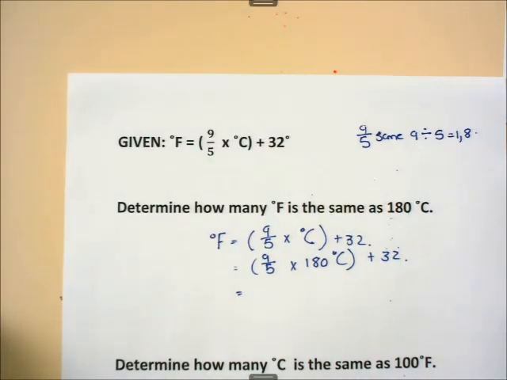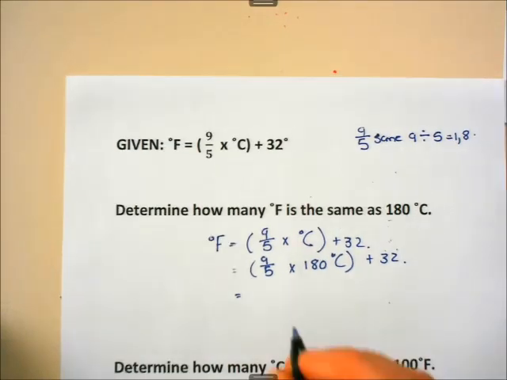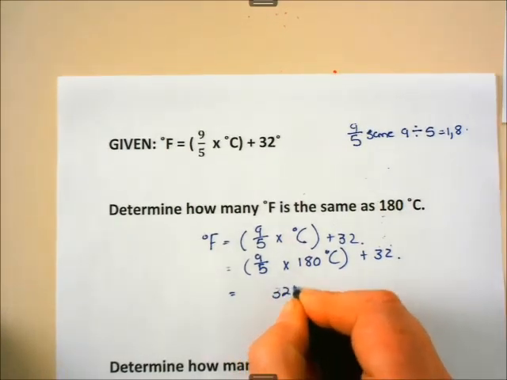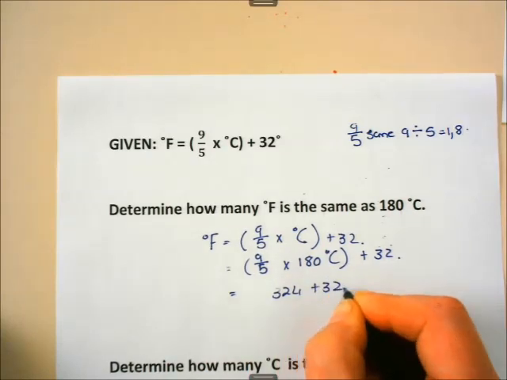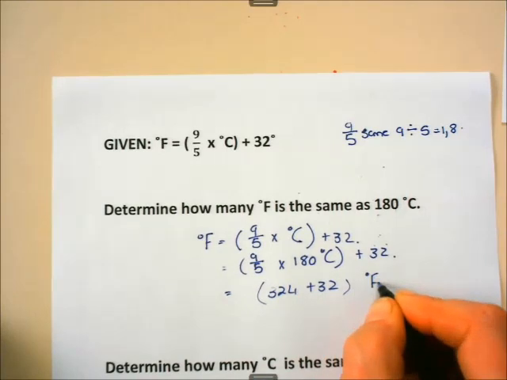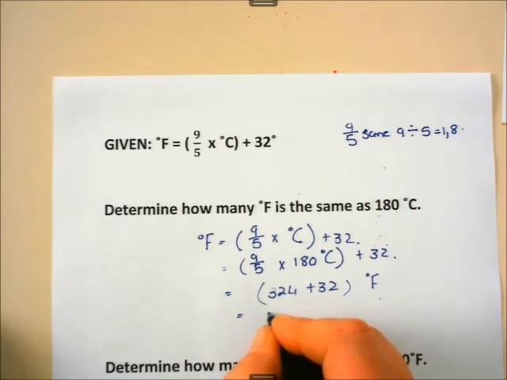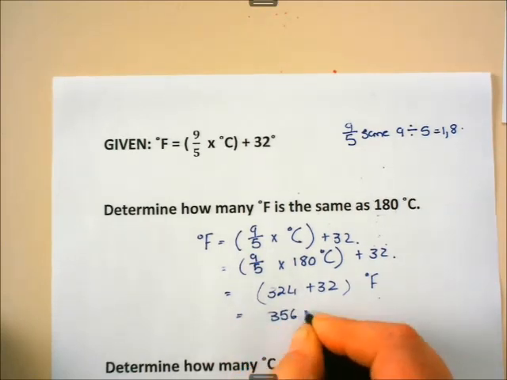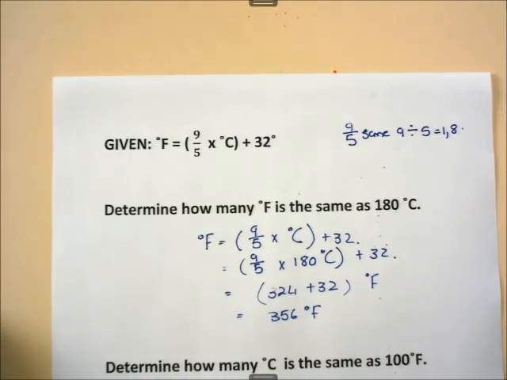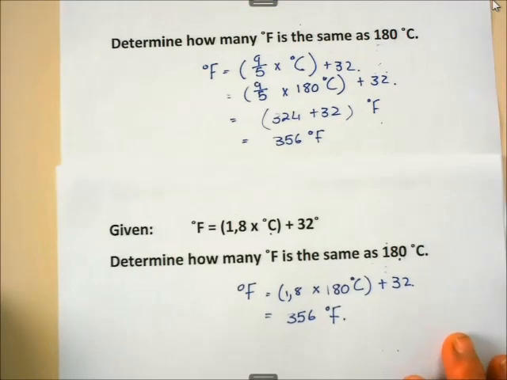If you multiply that by 180, you will get your 324. And now you still need to add the 32. And this will give you your degrees Fahrenheit. So if I add the 32, I get 356 degrees Fahrenheit.